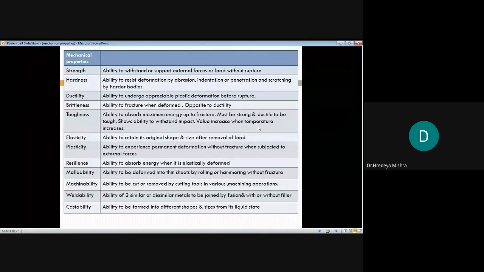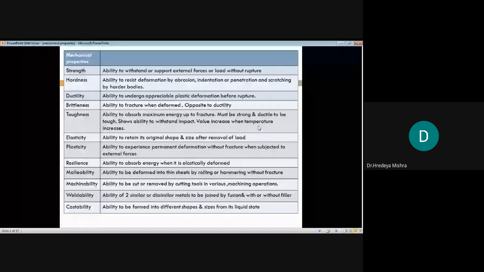That means we apply a force on the component and some deformation is shown, but when we remove that load, the material returns to its original position. That is the elasticity.